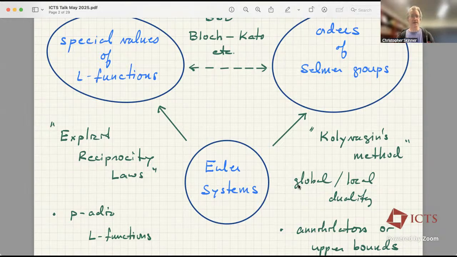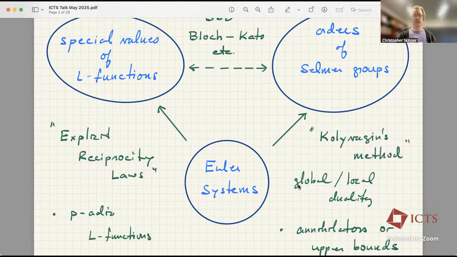On the other hand, there's the theory of explicit reciprocity laws, which is closely connected to p-adic Hodge theory, which relates the Euler systems to special values of L functions. That relation generally goes through p-adic L functions.